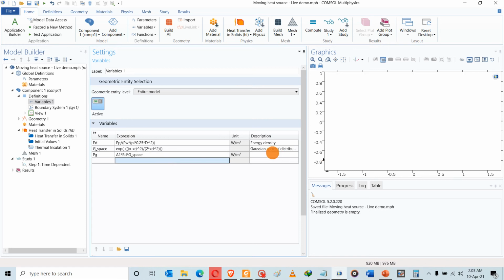So this is the laser heat source. Right, so we have this laser heat source. Have we done enough? I think we have for now.